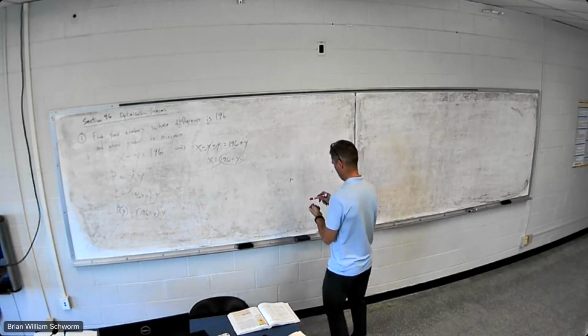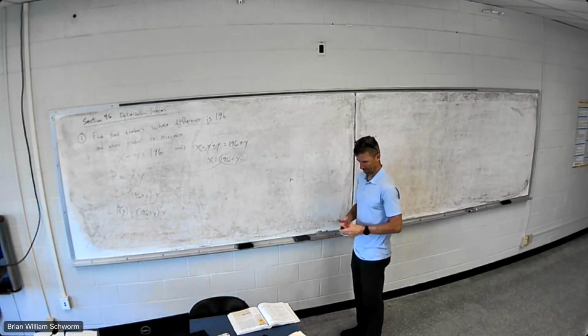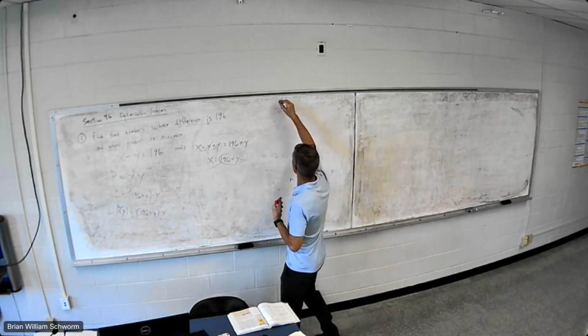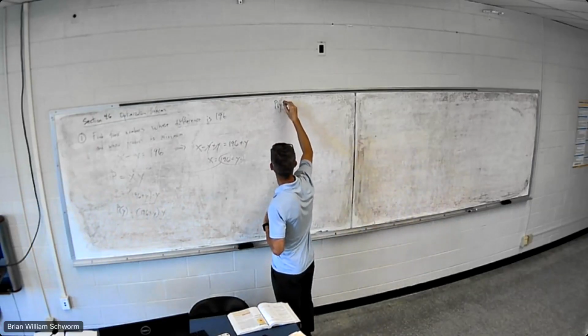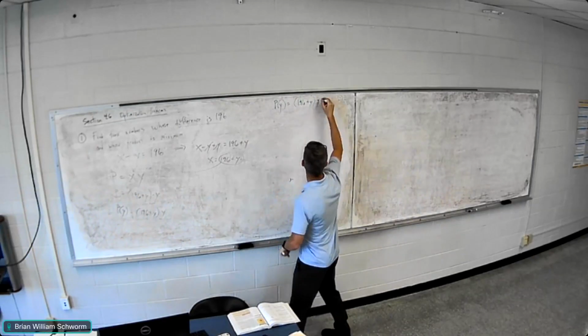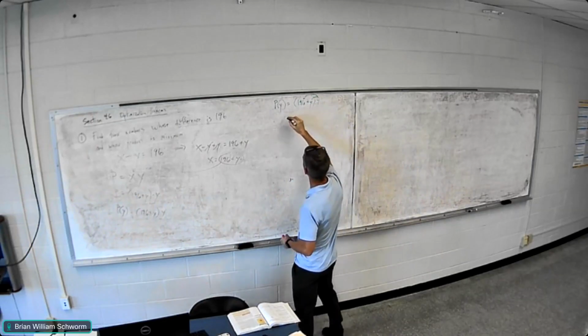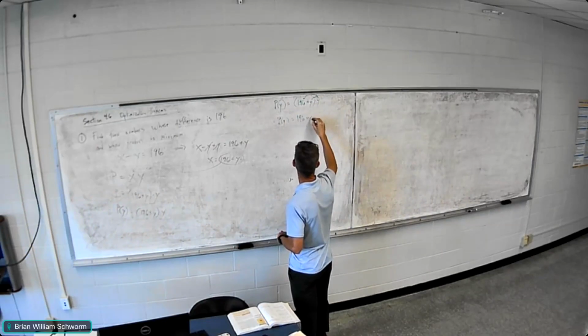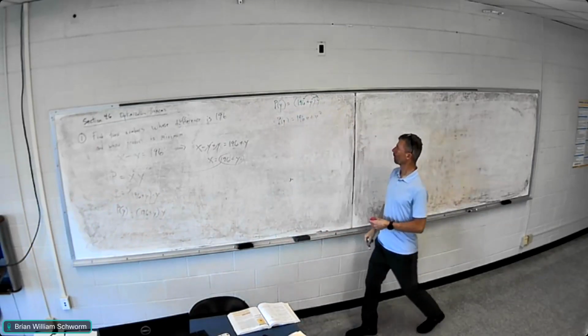Over here. The product formula, it's a function of y, is 196 plus y times y. If I distribute the y, then it looks a little better, I think. 196y plus y squared.